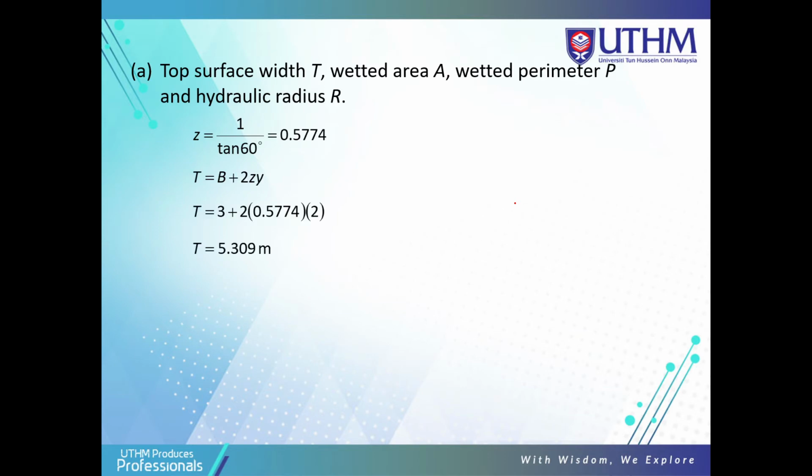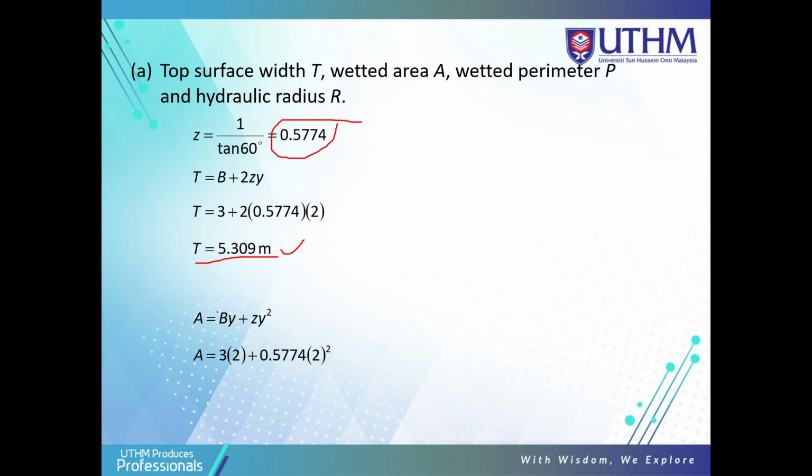You get Z is 1 over tangent 60 degrees, so you get 0.5774. After you get this, you put the Z into this formula to get the T: B plus 2 times Z times Y. Y we know is 2 meter, and the Z here. So we get T is this one.